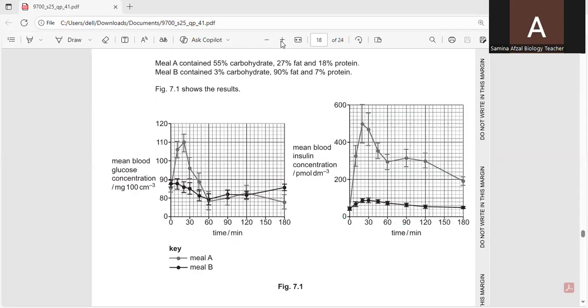So here we are going to again observe the glucose level at zero, it is about the set point.